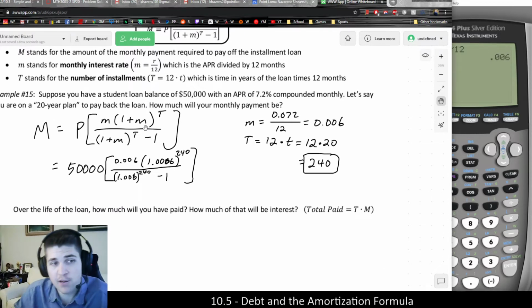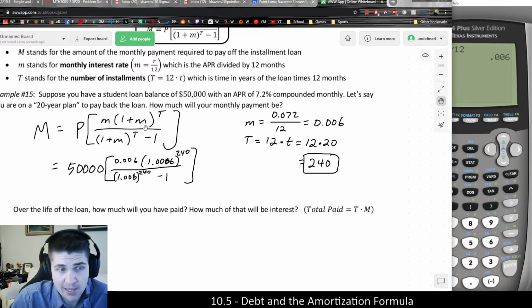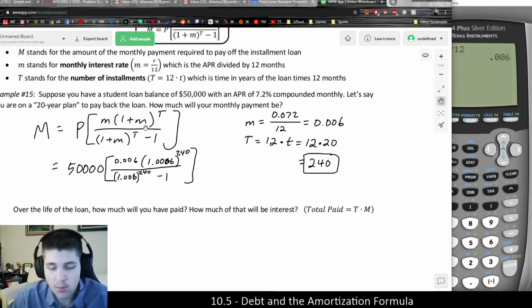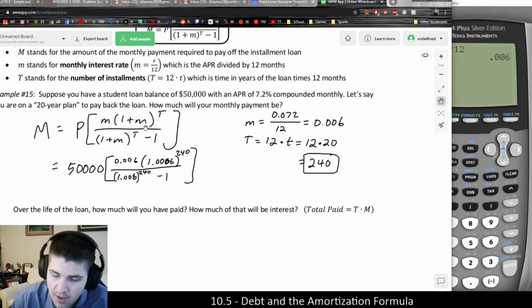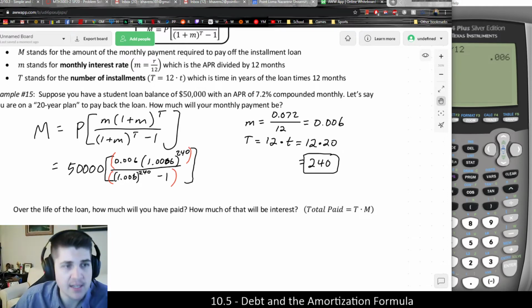And also, if you're going to type this all into your calculator at once, there are a couple of things to be very careful about. I want you guys to practice this on your own, because if you enter it wrong, you're going to get horribly wrong answers. First of all, make sure that you're using parentheses around the top and bottom of your fraction, because if you type it into a calculator without parentheses in the correct location, it's not necessarily going to divide by the whole thing that you want it to.